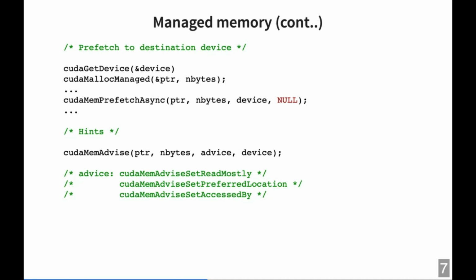So there are things like cudaMemAdviseSetReadMostly. This is saying this piece of memory is going to be mainly read from, maybe occasionally written to. So this advice doesn't actually perform any action, it's just giving hints to the runtime about what the likely patterns of access might be. And so it is possible to improve performance.